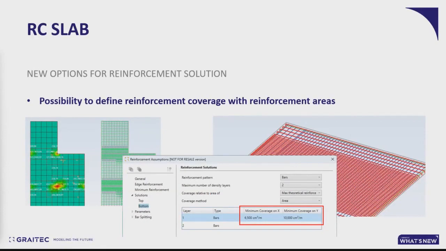The first layer means the reinforcement that is covering the entire slab. And if there are some areas where we need more reinforcement, more than 6.5 square centimeters, additional bars will be added locally as the second layer. So with this, we can easily manage the amount of reinforcement covered by the first layer.